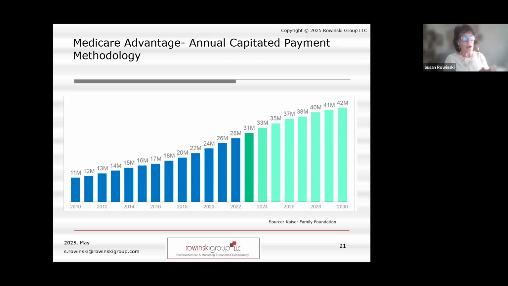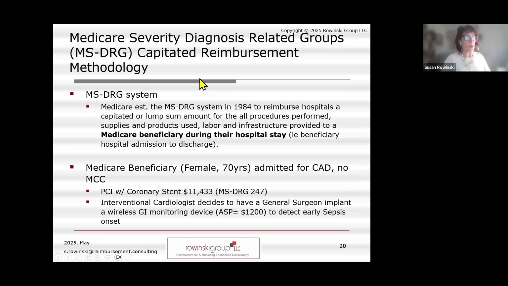In the Medicare Advantage plans they sell, Medicare will pay, in this case Humana, one lump sum that would cover all primary and all adjunctive procedures and all visits for one calendar year. So this payment method is annual and affects all primary and adjunctive procedures. If we compare it to the MSDRG system, this is not an Advantage capitated system.